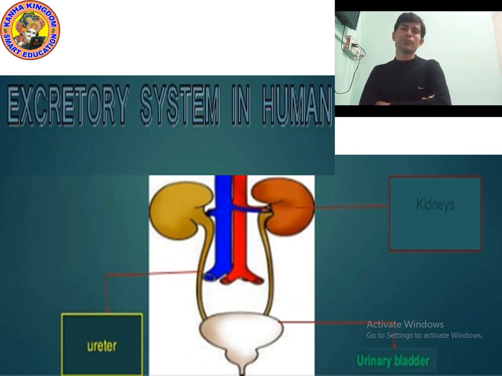From the kidney, two thin tubes are attached. These two thin tubes are called ureters. They are connected to a part called the urinary bladder, which has an empty space.